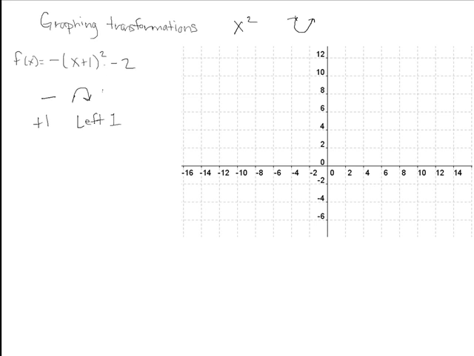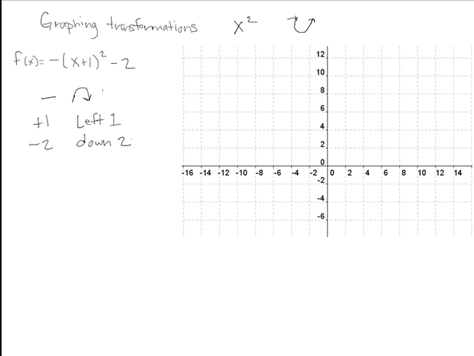That's where this part out here comes in. Since we have a negative 2, that tells us that we are going to move up or down. Now when we're inside the parentheses, we do the opposite of the sign. When we're outside of the parentheses, we do whatever the sign tells us to do. So in this case, since it's a negative 2, we will move down 2. Now when I say move down 2, I mean that the whole graph is shifted down 2.